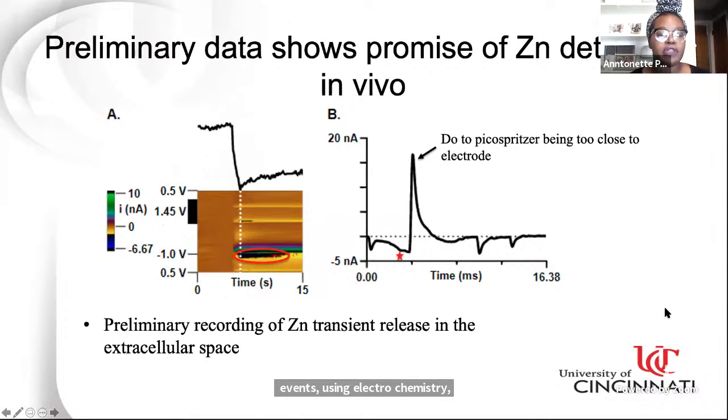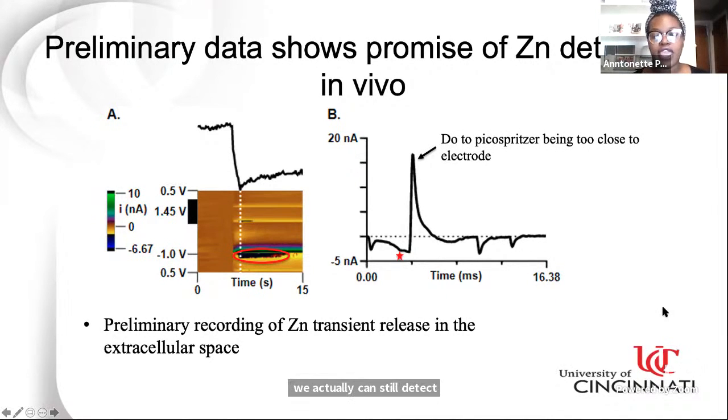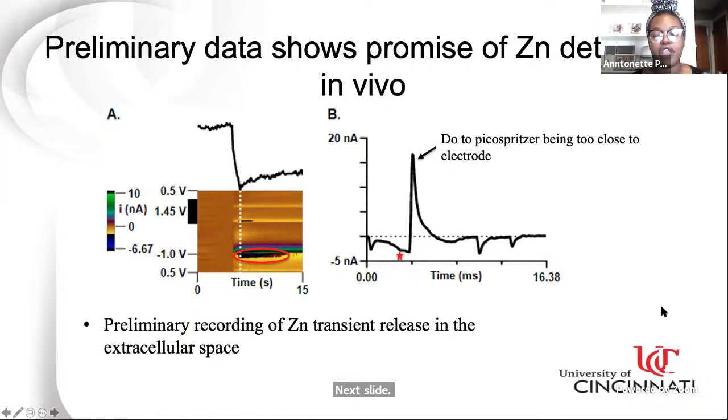So here is our preliminary data that shows a promise of zinc detection by means of FSCV in vivo. So in panel A, we have circled our promised zinc transient peak. And then for B, we have our open CV. So that way you can clearly see this promised zinc transient peak denoted by the star.